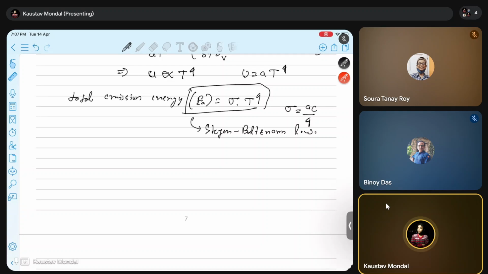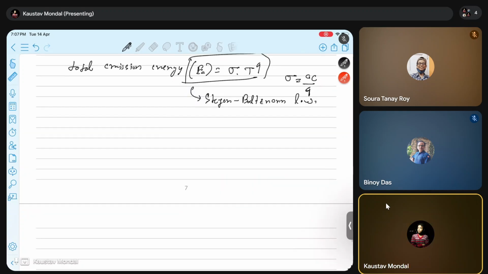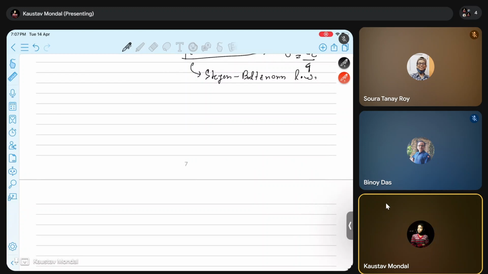Now there is another form of this law. Suppose there are two systems, one at T and one at T0, and both of them are black bodies. One black body is radiating and the other black body is absorbing the radiation. In that case, the total energy exchanged during this whole process, denoted by E, is given by sigma into T to the power 4 minus T0 to the power 4.